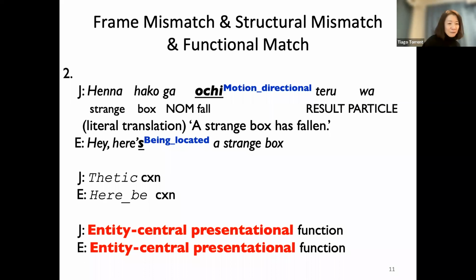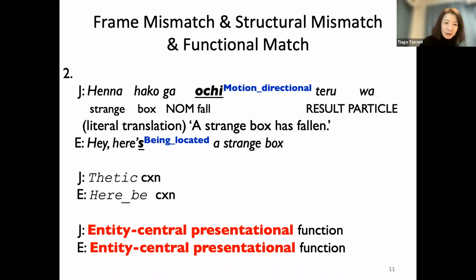So structurally different, and also the frames evoked by the head of the sentence in the two Japanese and English sentences are different. In the Japanese, the head verb, the main verb, evokes the motion directional frame, whereas in English, the copula evokes the being located frame.